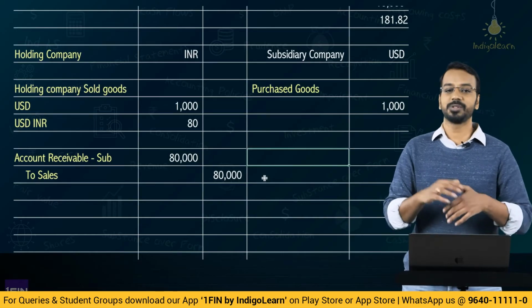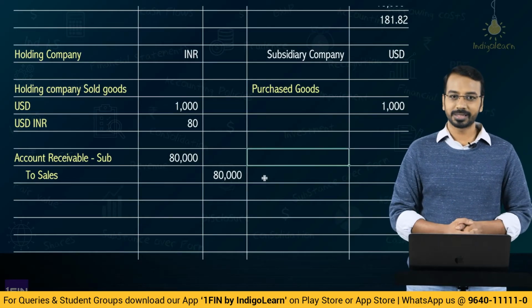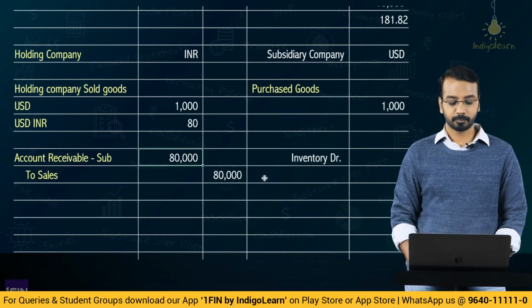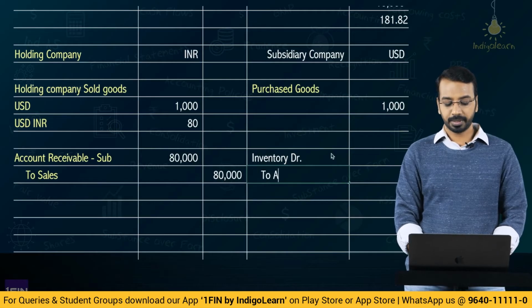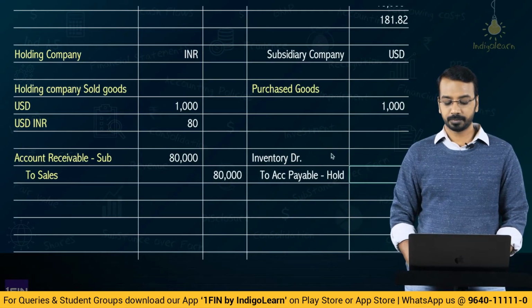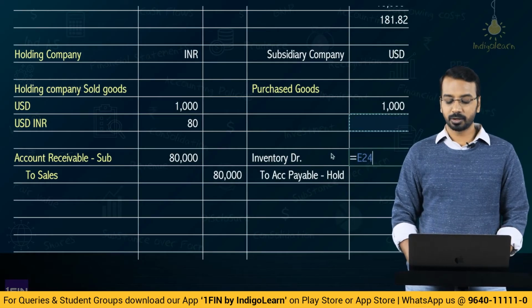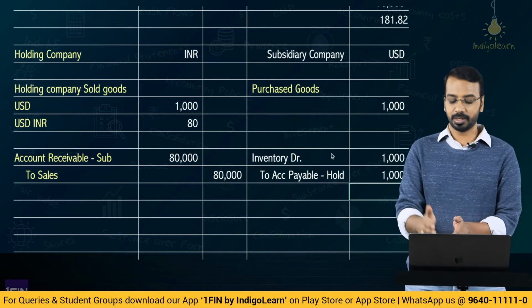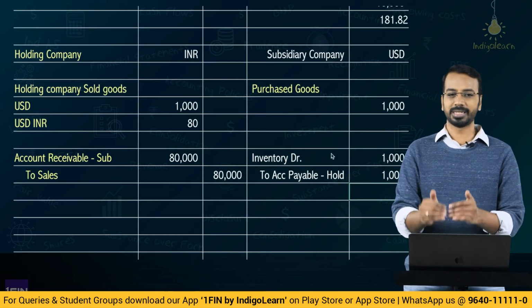Now, when it comes to subsidiary company, what is the accounting entry they will pass? They will say inventory debit to account payable to holding company, right? How much? $1,000 and $1,000. I am writing one below the other because of space constraint. So, the one is debit and one is credit.